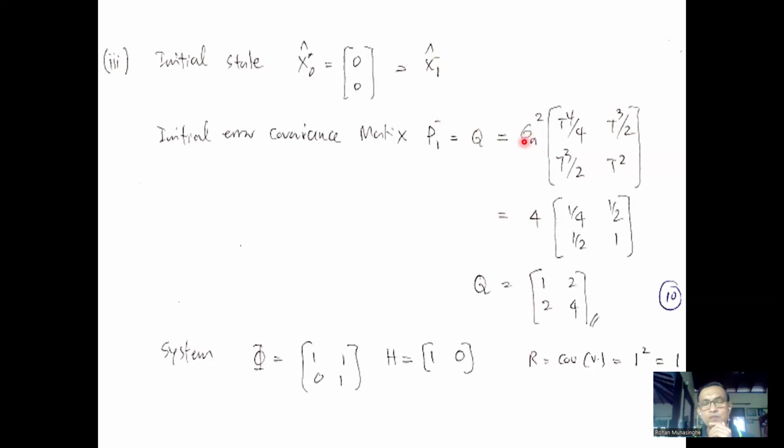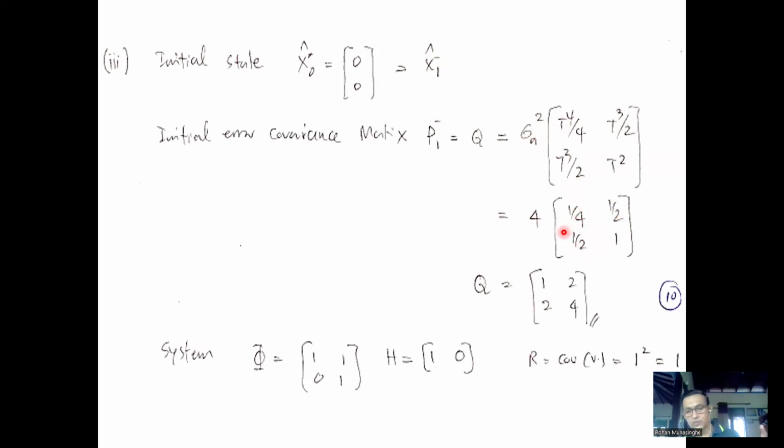So it is 2 meters per second square, that is sigma A, so sigma A square is 4 times this one. And we are given the sampling interval of 1 second, so capital T is 1 second. So it will be 1 over 4, 1 over 2, 1 over 2, 1.